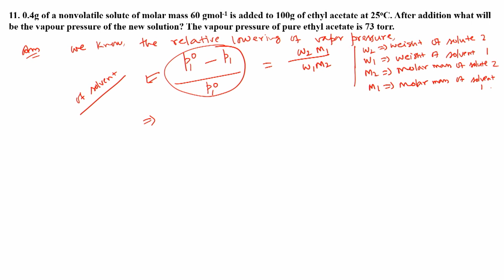So for the pure ethyl acetate, P1 naught is 73 torr, right? W2, the solute, is 0.4 gram, and M2 is 60 gram per mole.